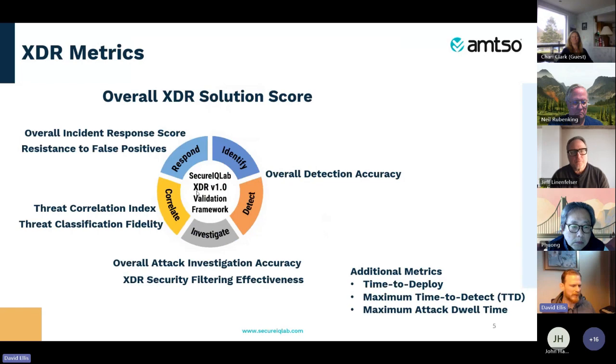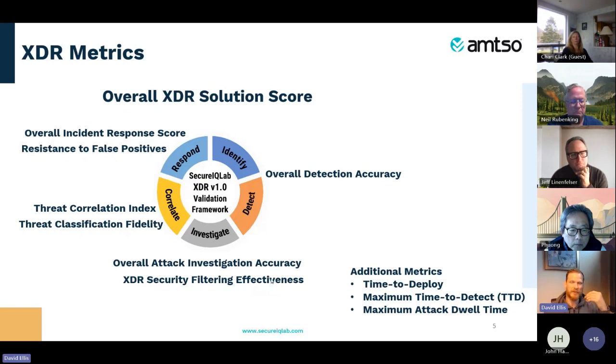So in terms of the metrics that we're providing as an output from the testing, we're looking at an overall XDR solution score, which is comprised of the subsections that go into that. First of all, if we start here on the right with identity and detect, we're looking at overall detection accuracy, then going into overall attack investigation accuracy, and the XDR security filtering's effectiveness.